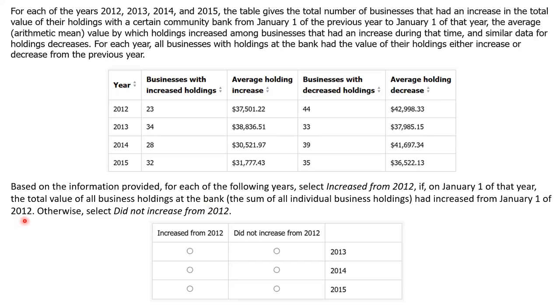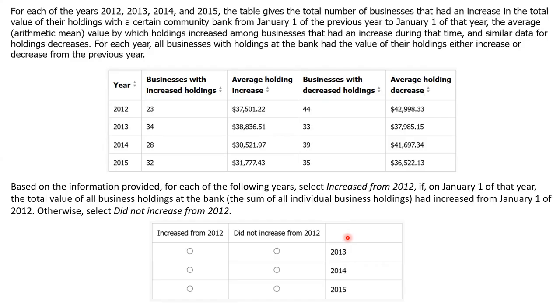Now that's the question, right? Let's look at this. In 2013, did the total value of all the business holdings increase from January 1st, 2012, or did it decrease? So you are saying increased.